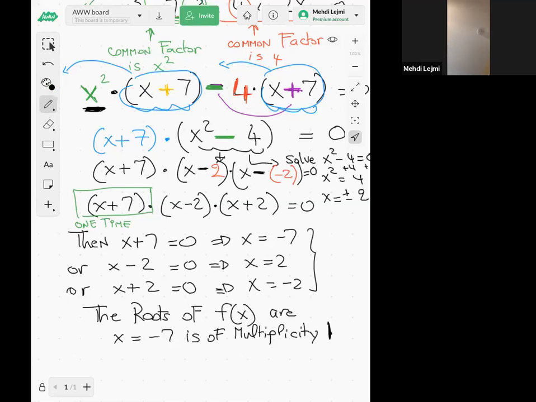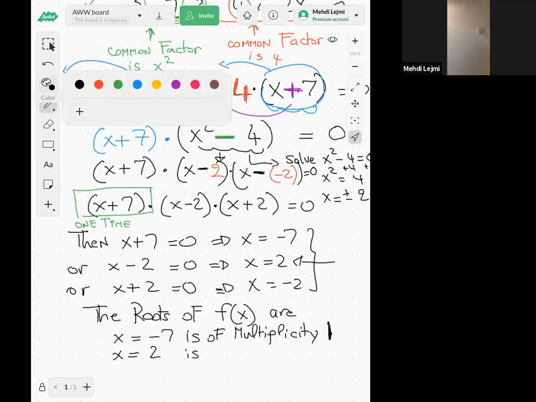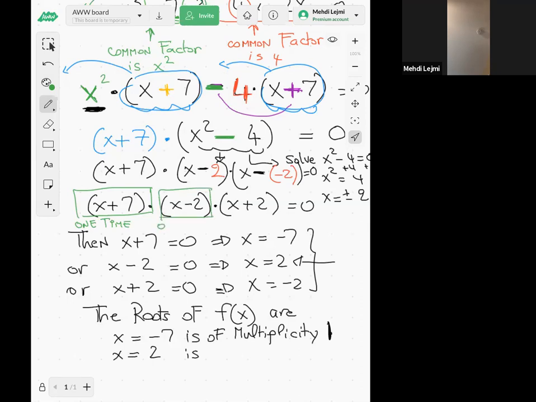Now, next solution is positive 2, so x is equal to positive 2. This is x minus 2, it's a one time solution, so it's of multiplicity 1.